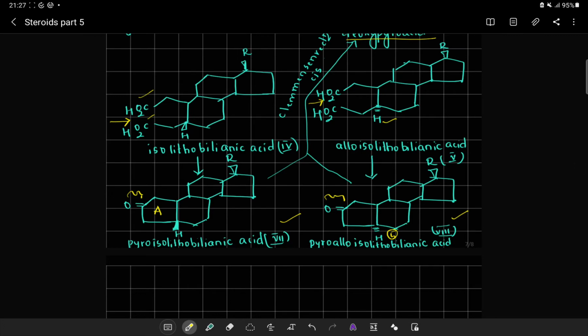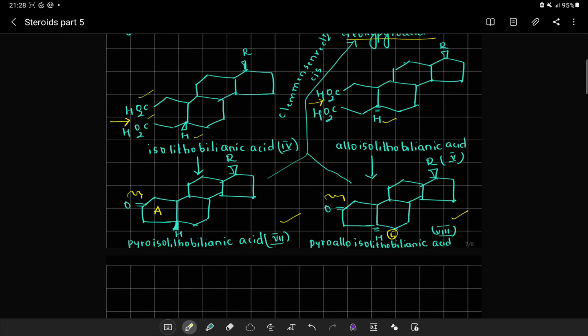This is because there is no adjacent carbonyl carbon with respect to these two protons in isolithobilyanic acid or alloisolithobilyanic acid. Hence, there is no inversion at C5. Therefore, inversion via enol form is not observed here.